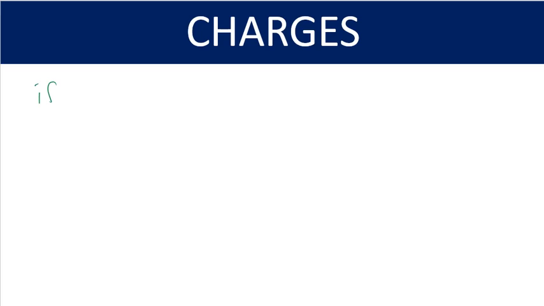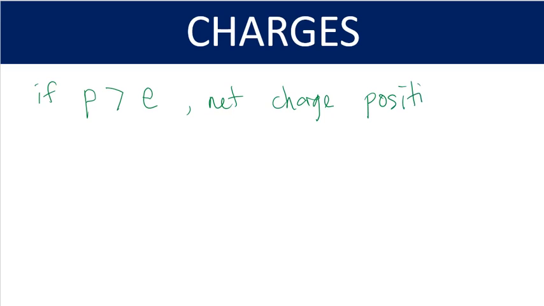If the number of positive charges or protons is greater than the number of electrons, the net charge is positive. And you have to count the number of protons here and subtract from that the number of electrons. If the number of protons is the same as the number of electrons, the net charge is zero.